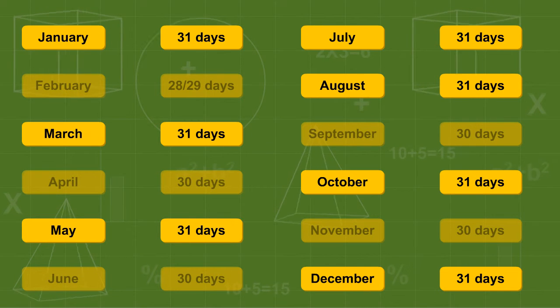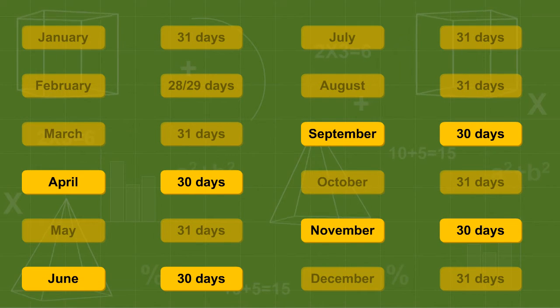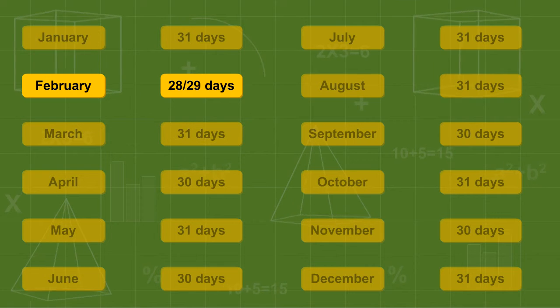There are 7 months in a year which have 31 days each and 4 months which have 30 days each. February has either 28 or 29 days.